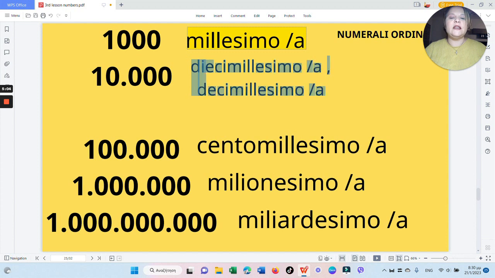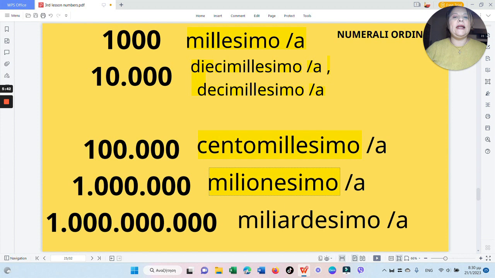There are two ways to say 10,000, with or without I. 100,000, double L. But remember that million is written with one L, and here too.